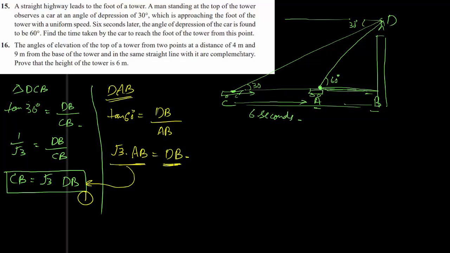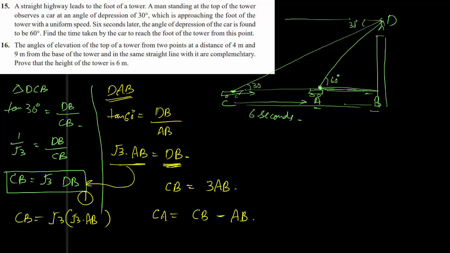In equation 1 we can plug in the value of DB as root 3 times AB. So CB will become root 3 times DB, and DB is root 3 times AB. So CB is equal to 3AB, right? What about CA? CA is CB minus AB.